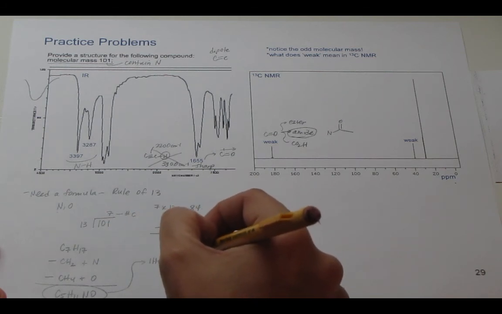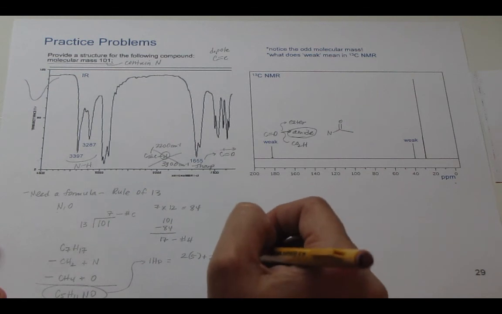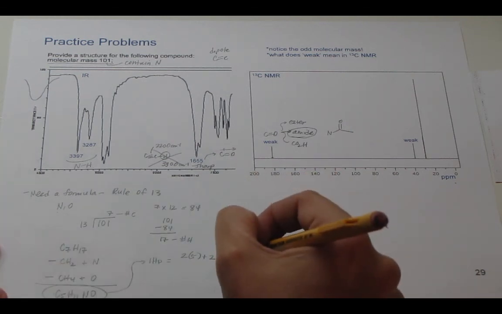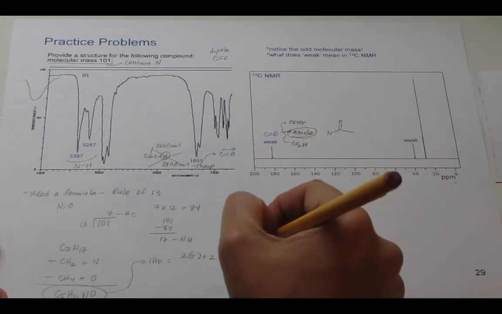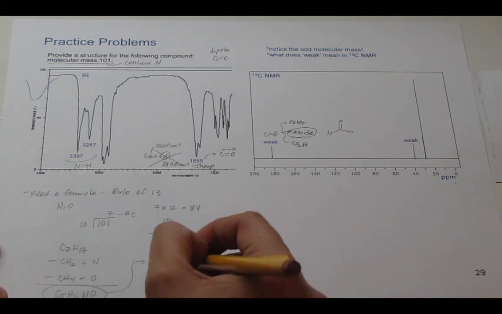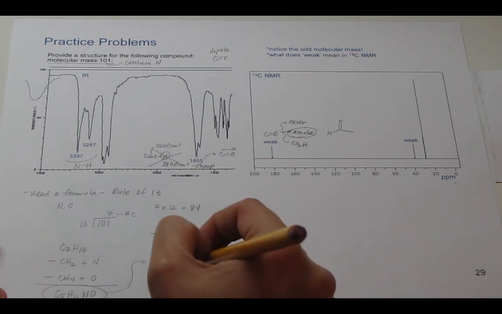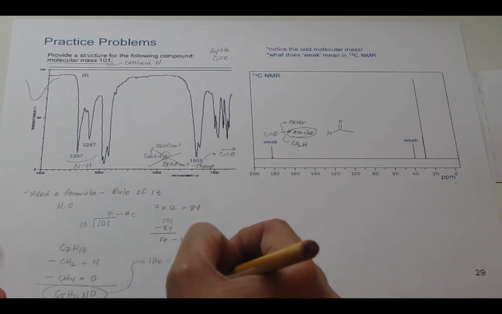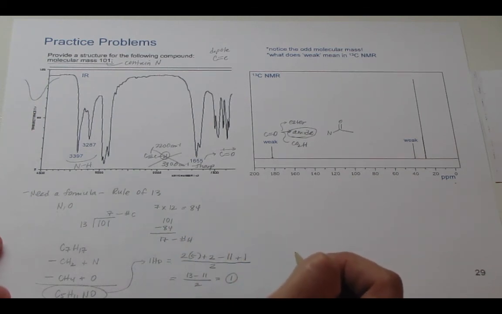And so it's 2C plus 2 minus hydrogen minus halogen, and then plus 1 for nitrogen. So we add for nitrogen and we ignore oxygen. So that's 10, 11, 12, 13. 13 minus 11 over 2 is 2 over 2, which is just 1. So we have 1 unsaturation.